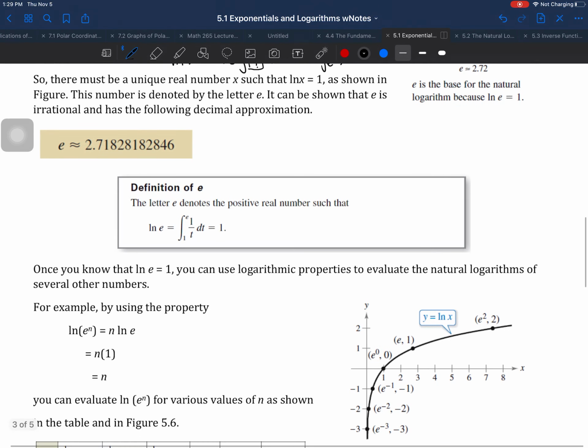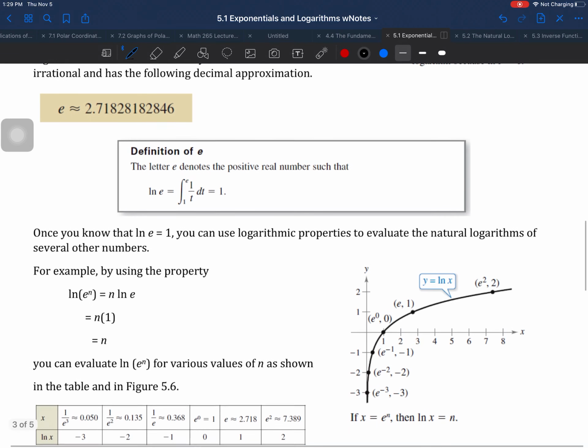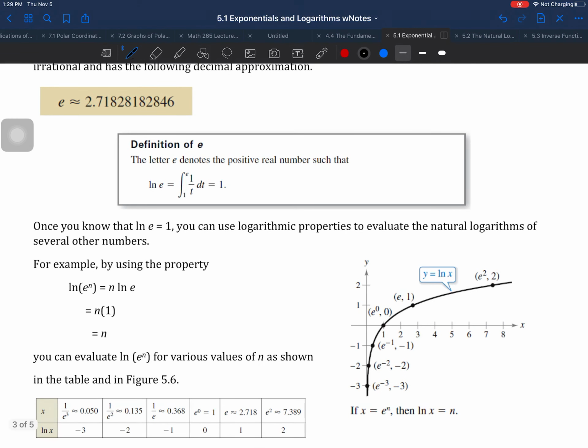So this gives us the next definition of e. The letter e denotes the positive real number such that the natural log of e equals 1, and thus is going to be the definite integral from 1 to e of the function 1 over t dt, which equals 1.